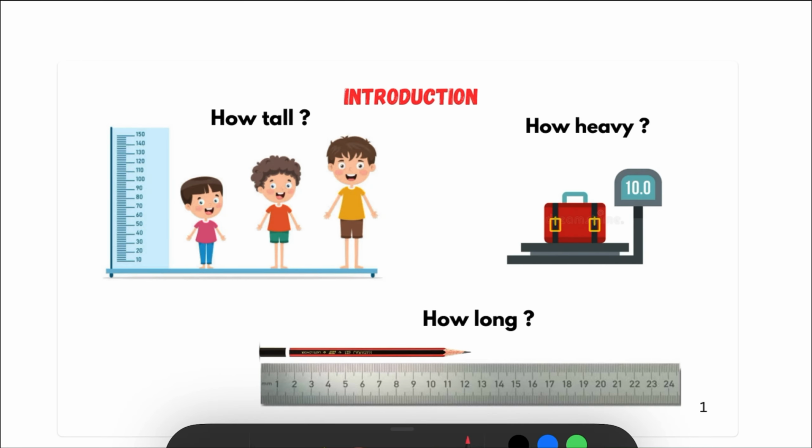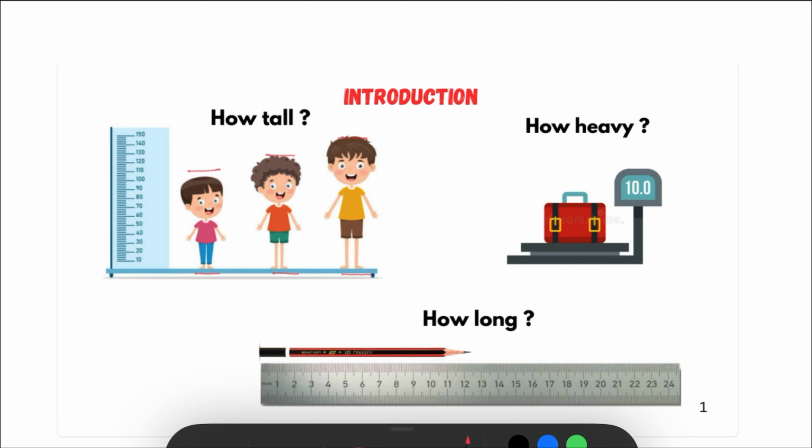If you want to know what your height is right now, how tall you are, you measure the distance between the top point on your head and the bottom point on your feet. That tells your height.